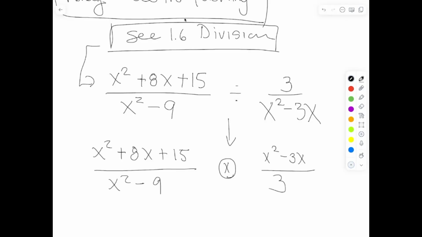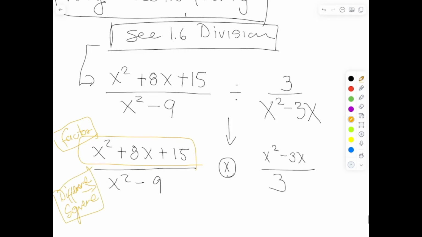Now that you do this, you have to factor, which we're going to learn on Monday, and you could practice over the weekend. And this here is called the difference of squares, which we're going to learn on Monday.